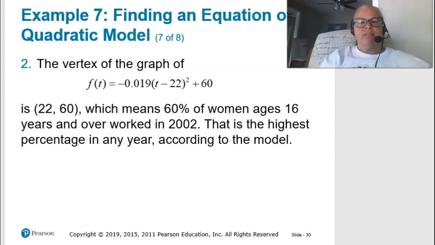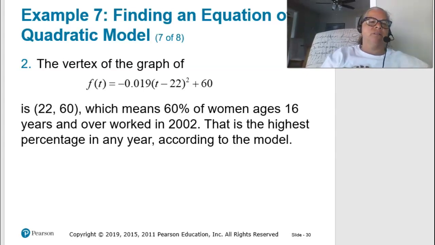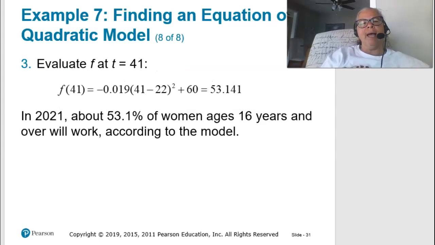So the vertex is the maximum, so it's the maximum number of women working during this model. What happens when t is equal to 41, which is 41 years after 1980? About 53.1% of women ages 16 and over will work according to this model.